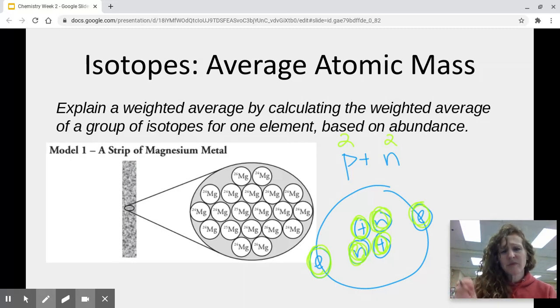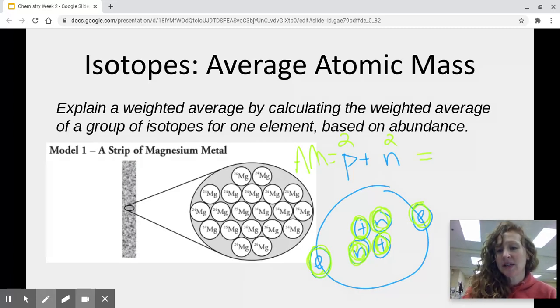But if you round off to the tenths or the hundredths place, you're not actually going to see the mass of the electron. We say that electrons have negligible mass. So really, the atomic mass is going to come from protons and neutrons.